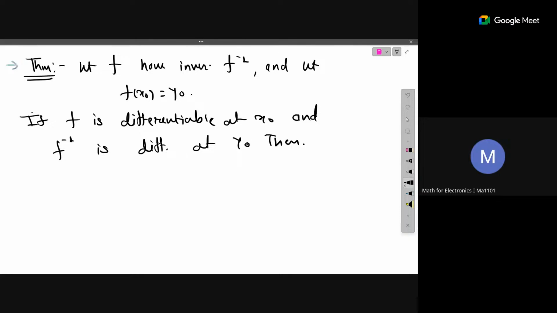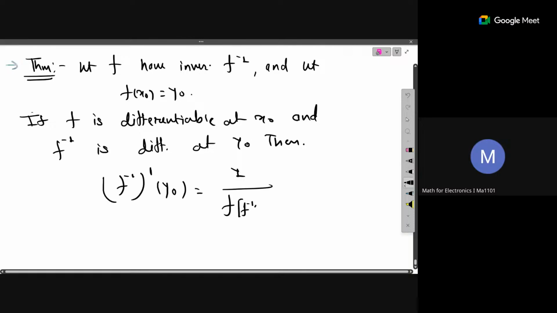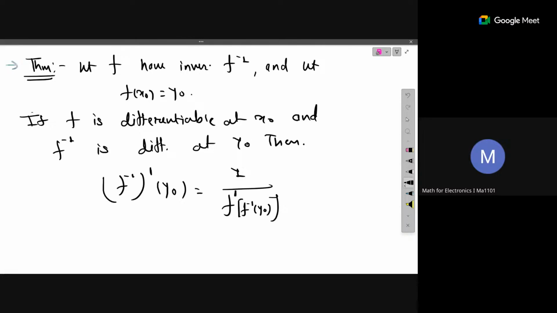And the formula for that is simply the derivative of f inverse at y naught is nothing but 1 by the derivative of f at f inverse of y naught. Okay, that means we are using the derivative of f for finding the derivative of its inverse.